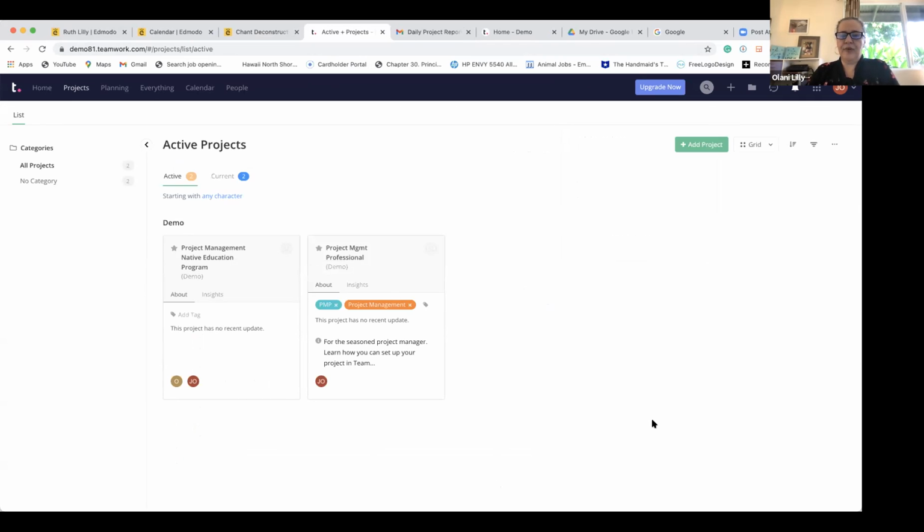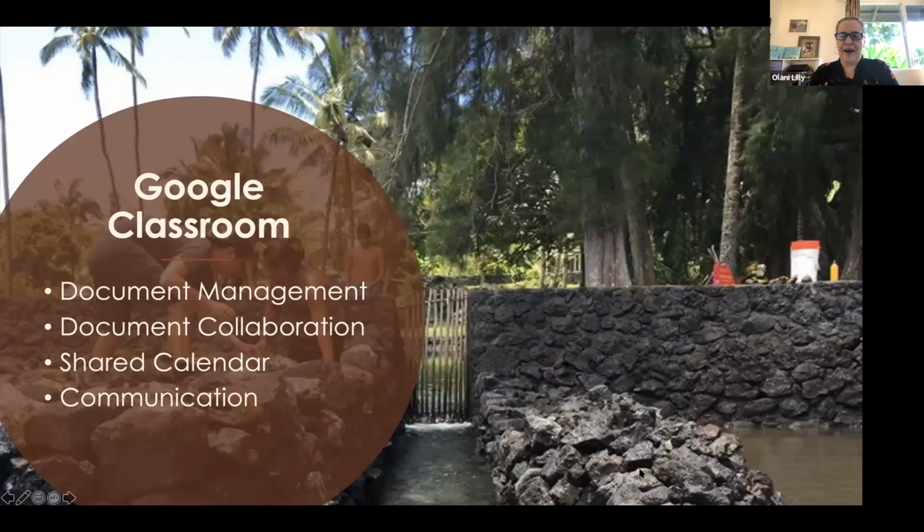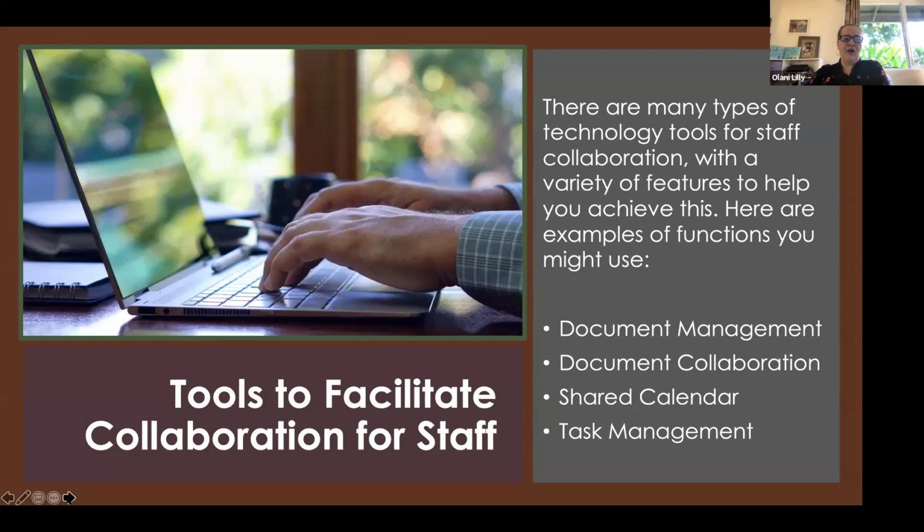So let's think about how we facilitate collaboration for staff. Again, what we want to do is look at the tools that are here, and what we would be looking for in a tool that would help to facilitate collaboration.